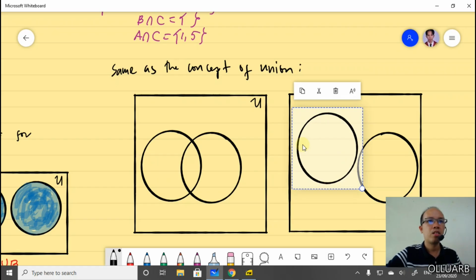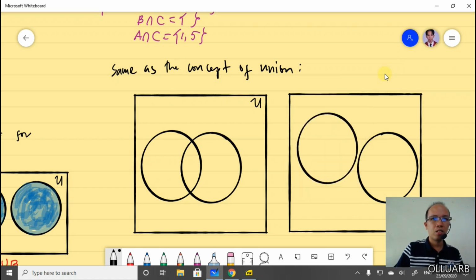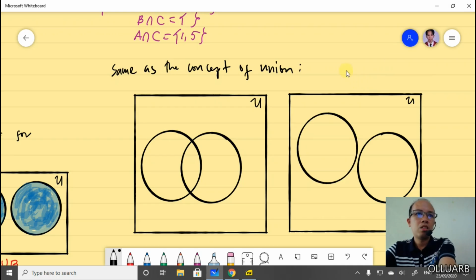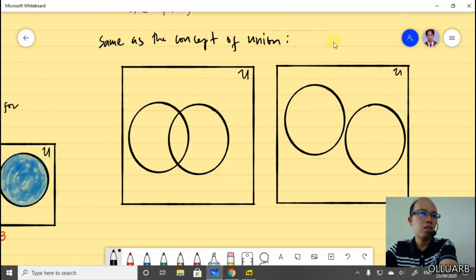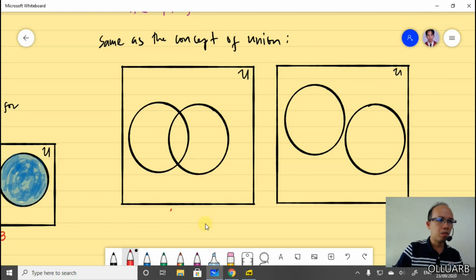So for example, this is A intersection B. Your description must be below the universal set.